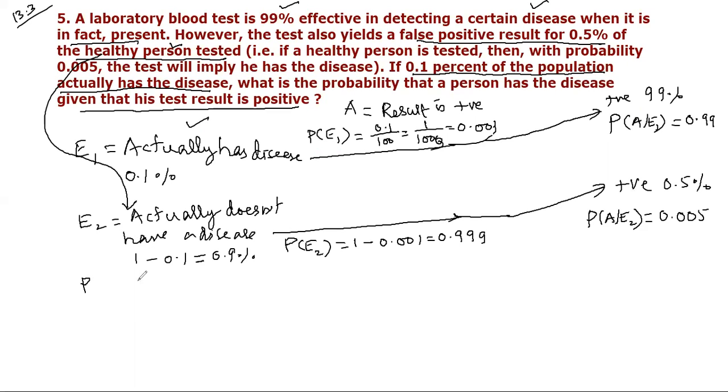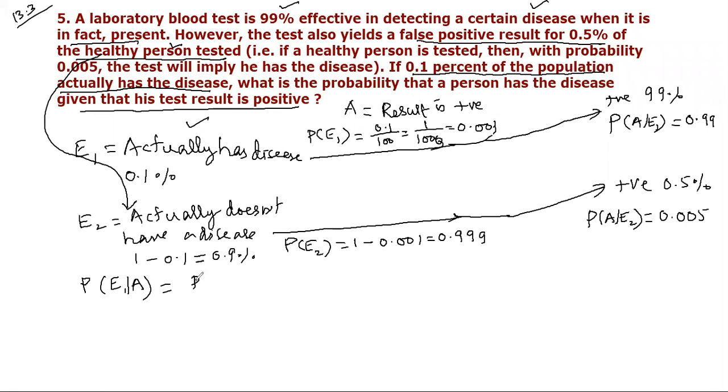So the probability that, given that his result is positive, he actually has the disease, that means E1 given E, we have to find out. Got it? Till here, any doubt?